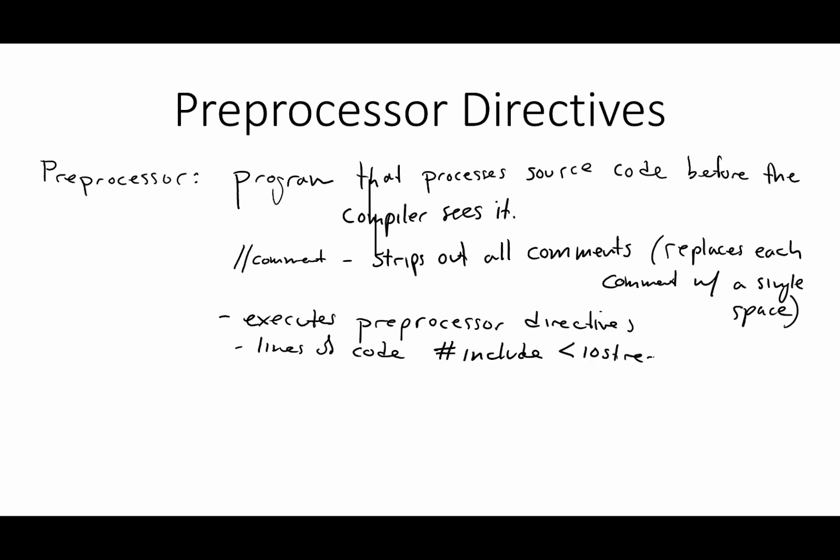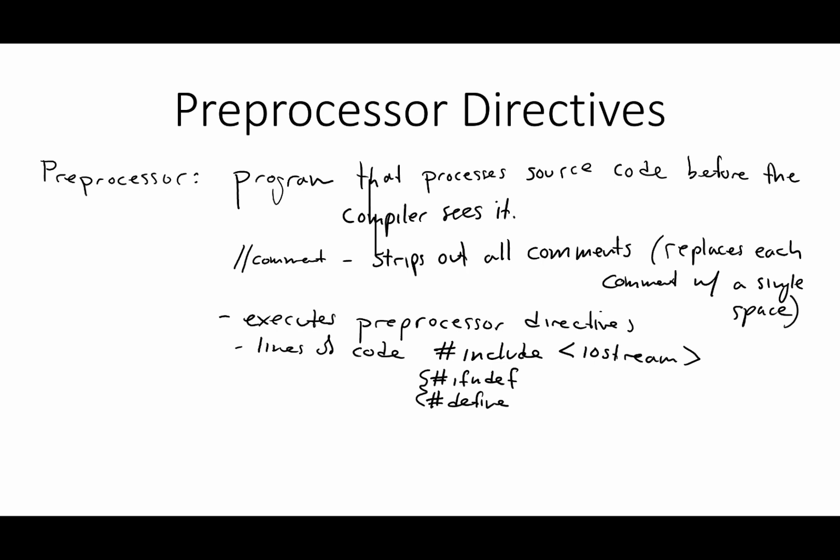The example that we just looked at has iostream in there. There are a few other preprocessor directives, such as #if and #def or #define. Don't worry about these right now, but these are preprocessor directives too. Basically anything that has a pound in front of it is a preprocessor directive.